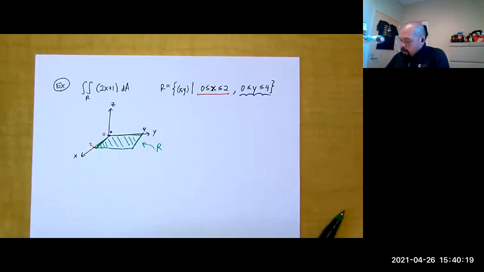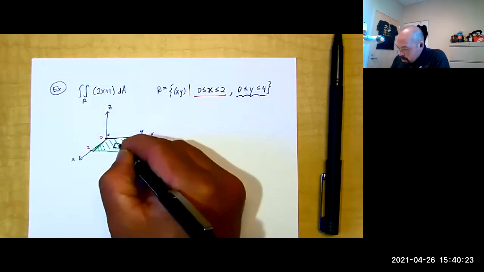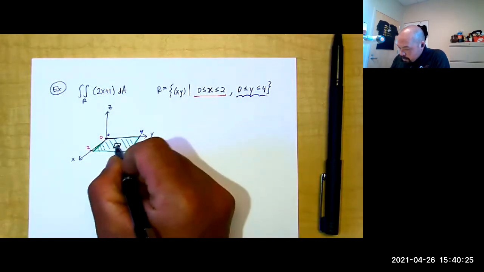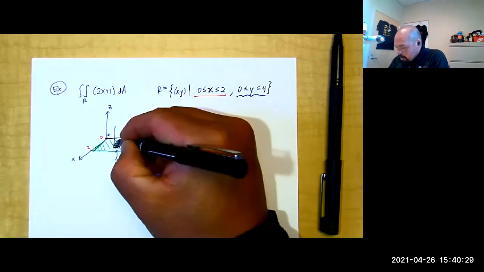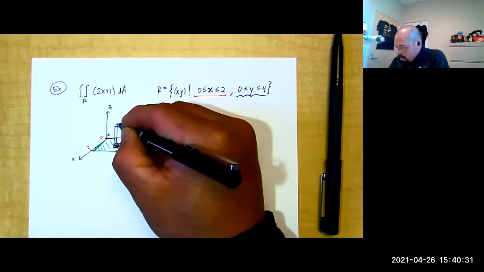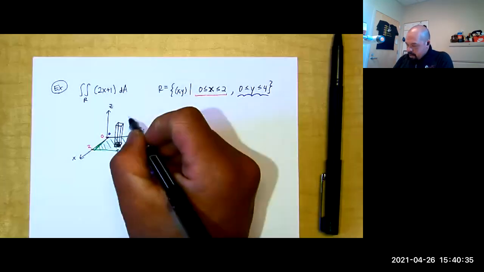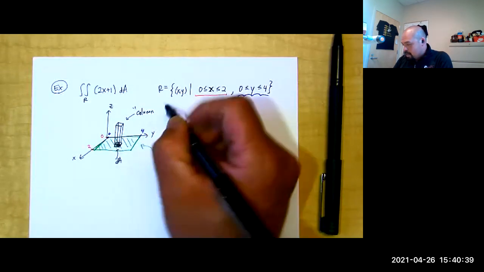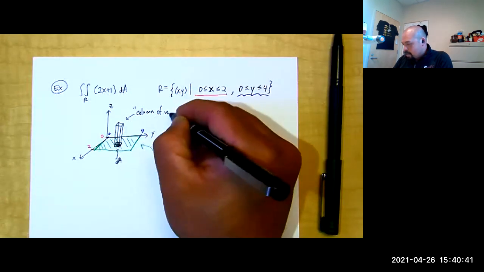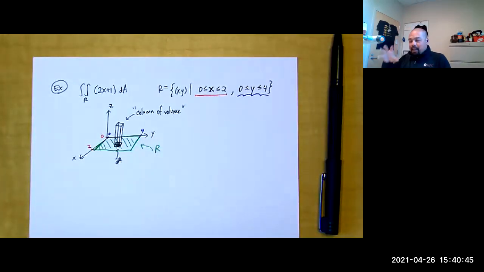And so again, without drawing in the actual surface, I'm going to imagine there's my little dA, that we're going to build this column of volume. I don't think the textbook calls it this, but that's what we can imagine building up and adding all these together.